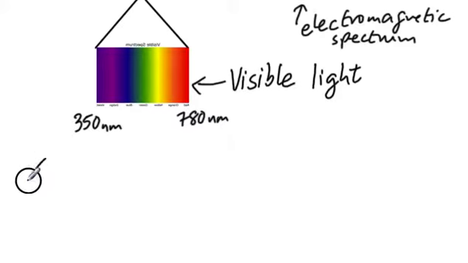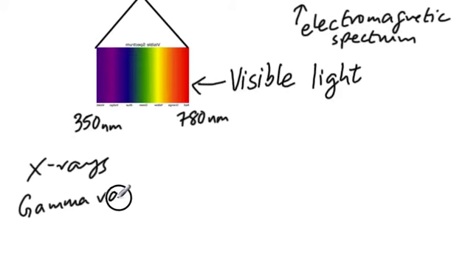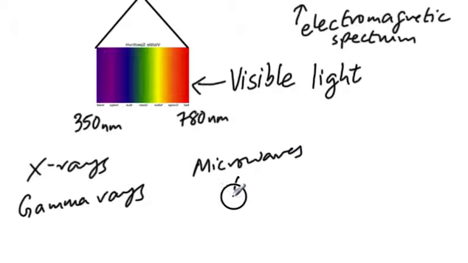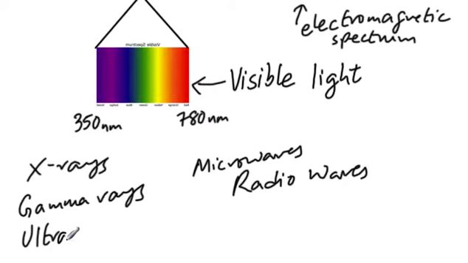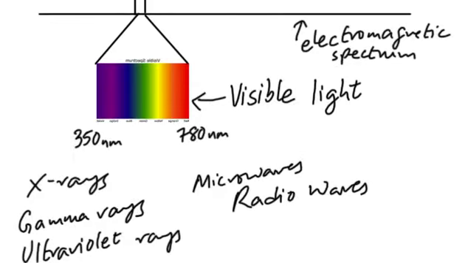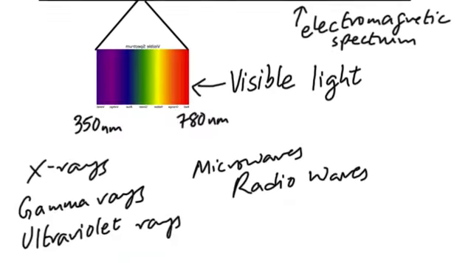So, for example, X-rays or gamma rays, let's think of others like microwaves, radio waves, ultraviolet rays. All these actually form part of the electromagnetic spectrum.